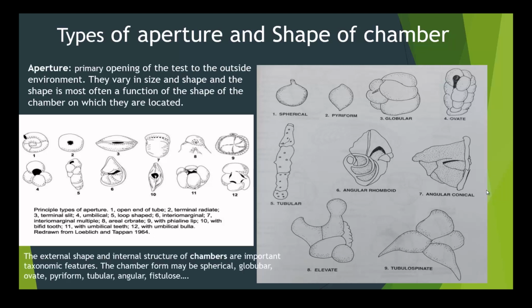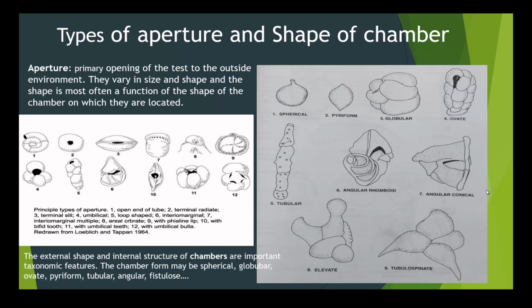Apertures are the primary opening of the test to the outside environment. They vary in size and shape and it is most often a function of the shape of the chamber on which they are located. In the pictures we can see different types of apertures. They may be the open end of a tube.